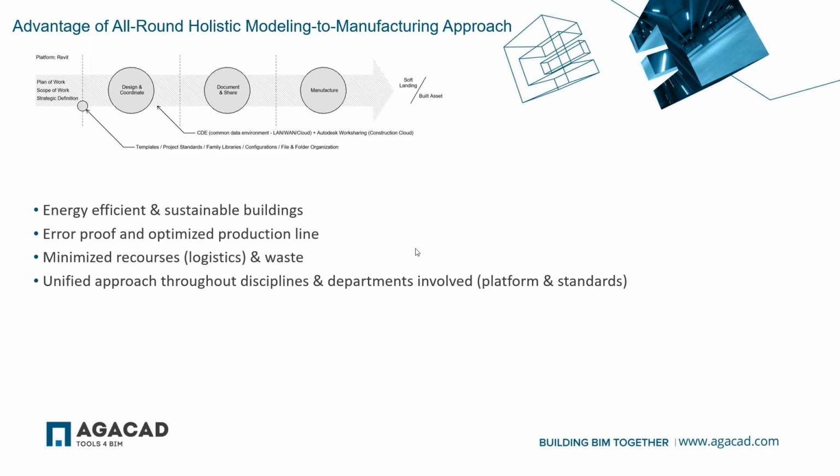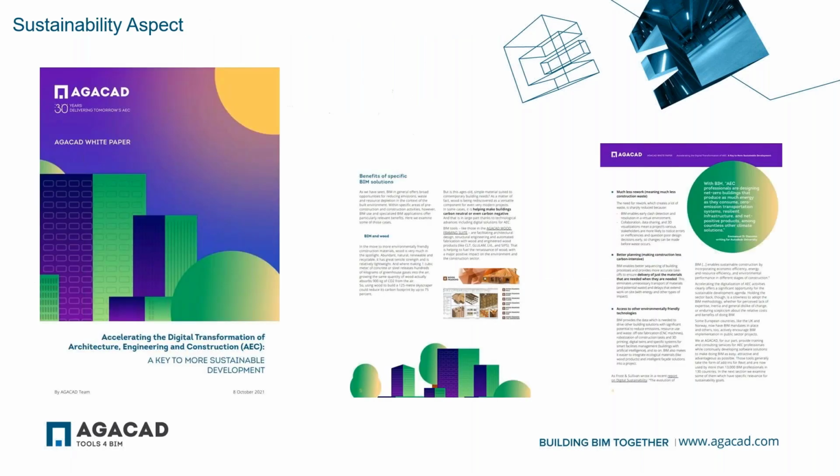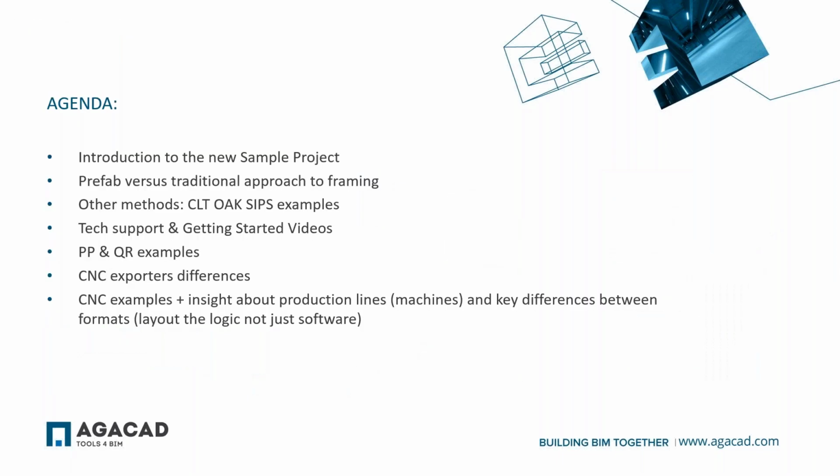So you have a common data environment, you have a common platform, you have common standards. That's important to build strong workflows and a good process from start to finish. So that's the sustainability aspect also. We've released a white paper on that, and that can be accessed at our webpage.